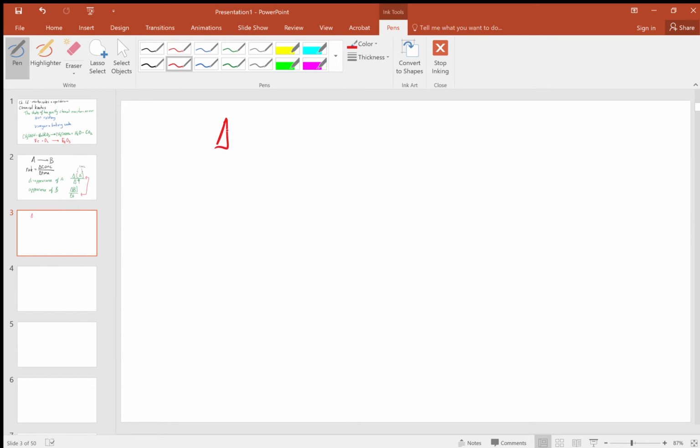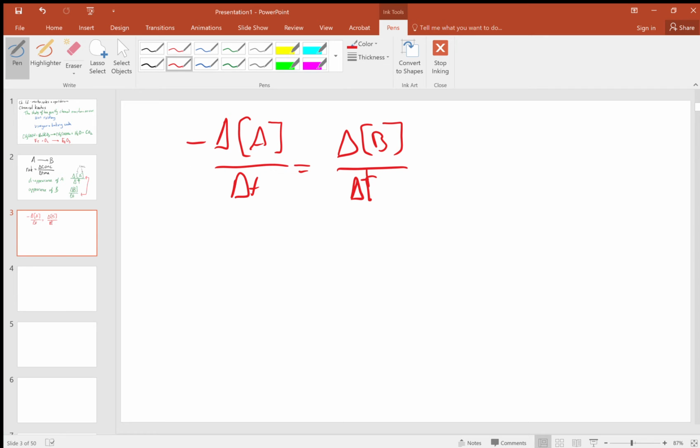Well, as A disappears over time, B is going to appear. The only difference is because A is disappearing, it's going to go down, B is going to increase. And so we would have that these should be of the same magnitude, but of opposite value.